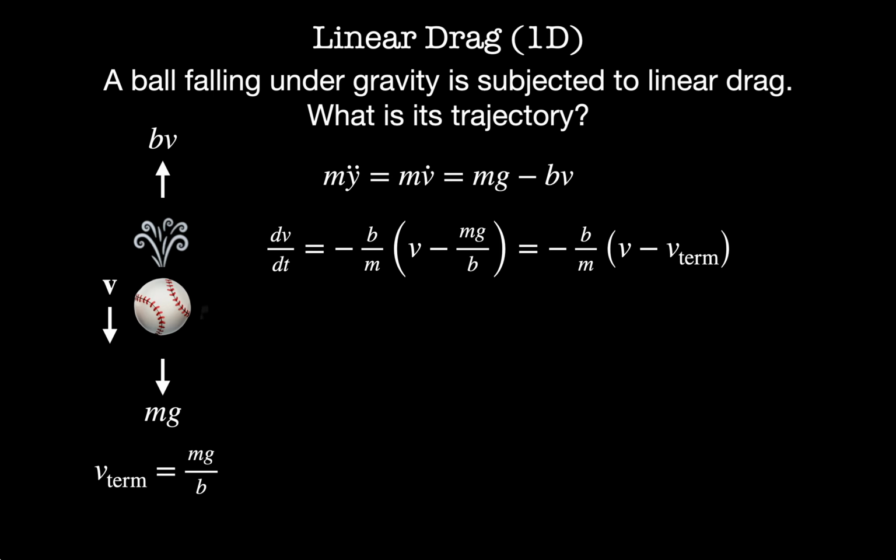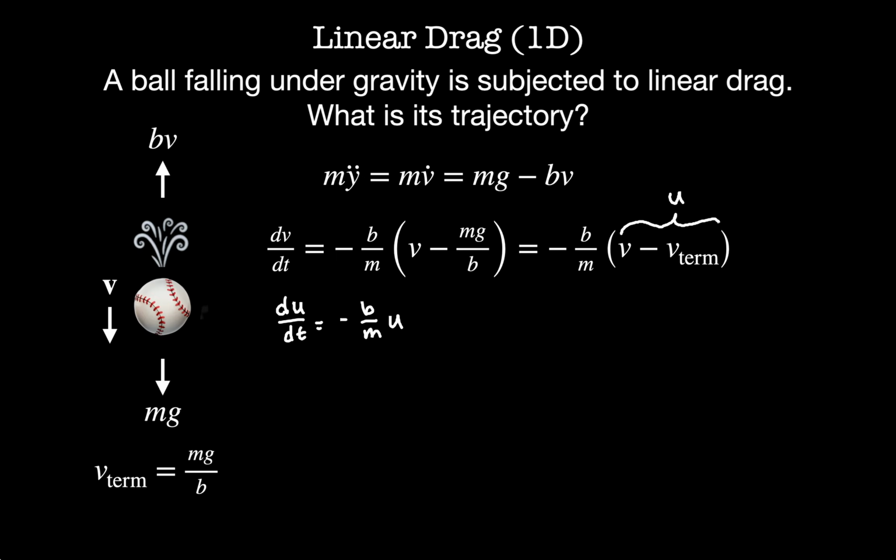So now I can do a quick change of variables and just call this v minus v terminal u. So I end up with a differential equation that is du by dt is equal to minus b over m times u. And this is a separable equation, as we talked about before, and I can just really easily integrate this.